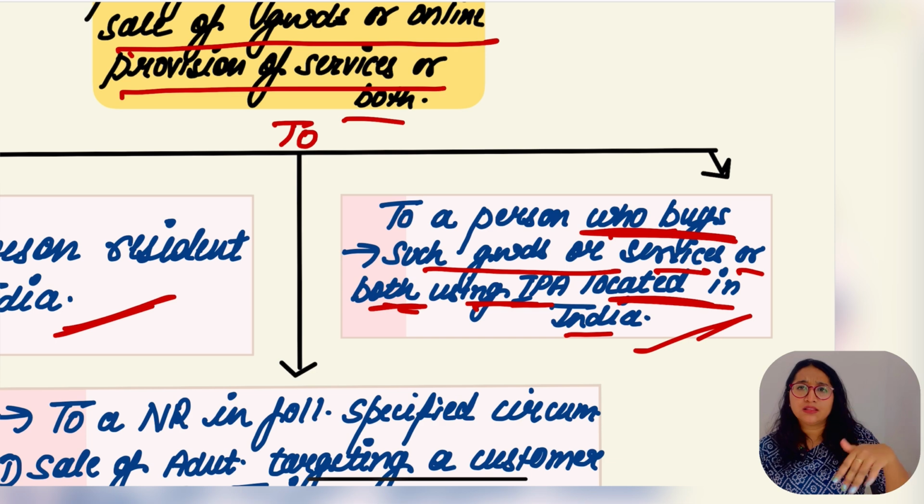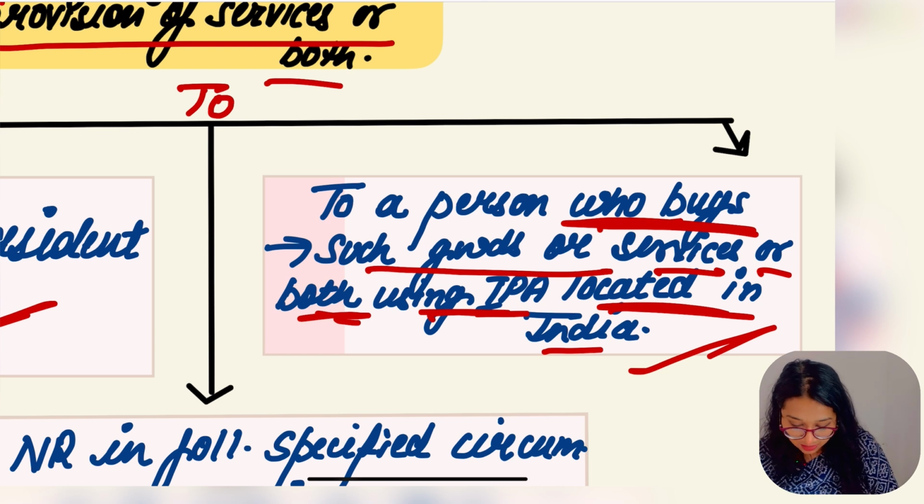For example, any other person who is a non-resident, who came to India and is buying such goods or consuming such services by using an IP address with a location in India, having placed the order using that IP address.